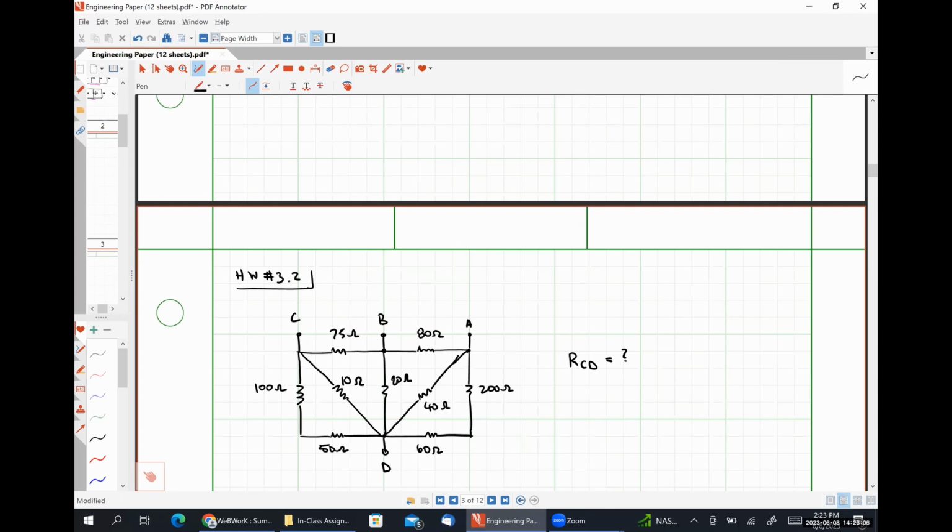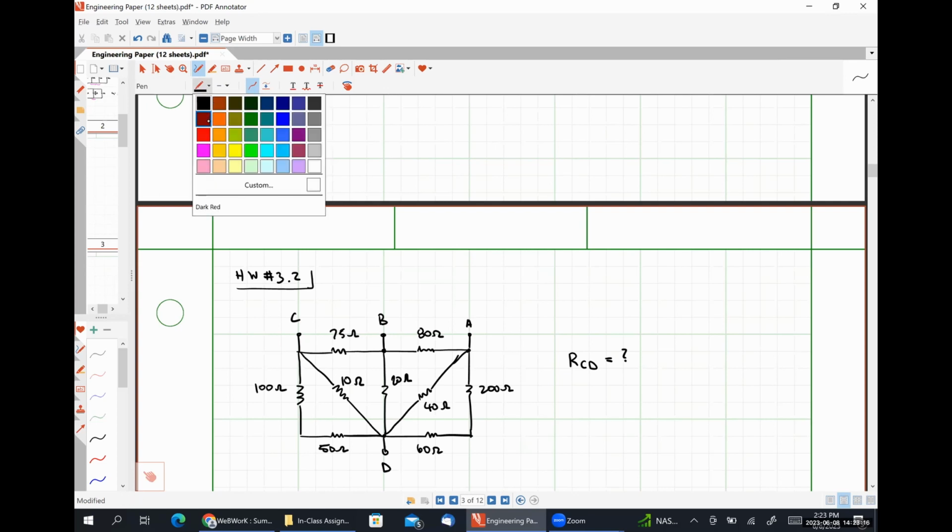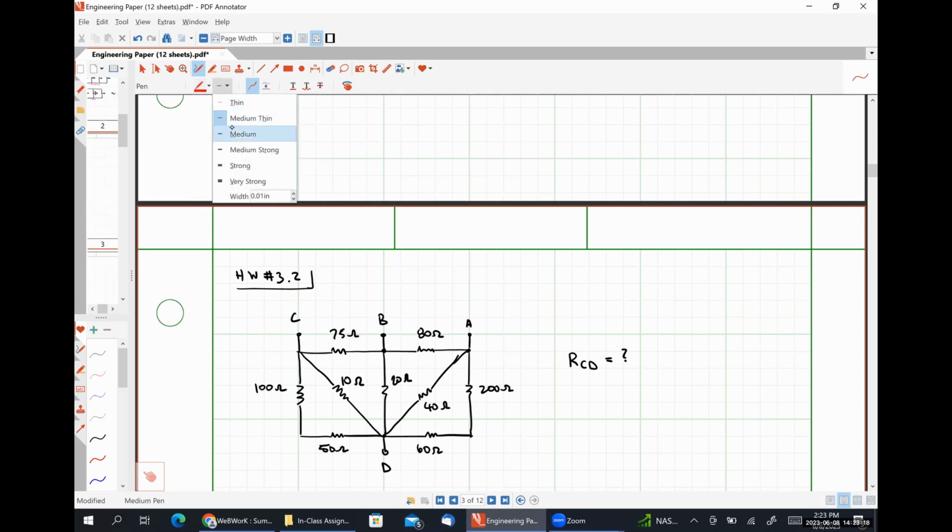So anytime I have a complicated resistor network like this, the first thing that I do is I identify all of my different nodes. And I do that using different colors, much like we did on the first day of class. So I am going to simply identify each node like so.